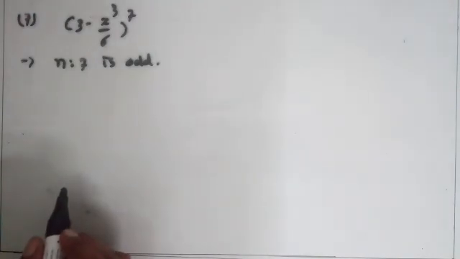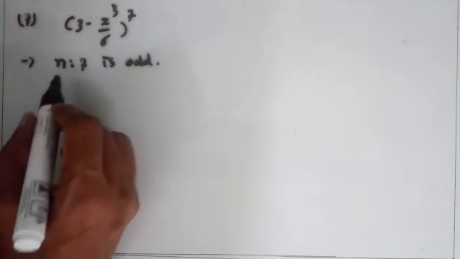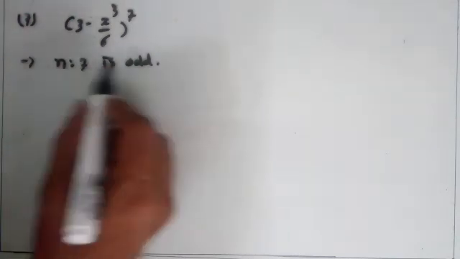So the number of terms in the expansion becomes even, so there are two middle terms. Here n is equal to 7, which is odd.